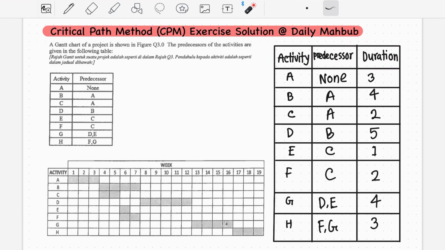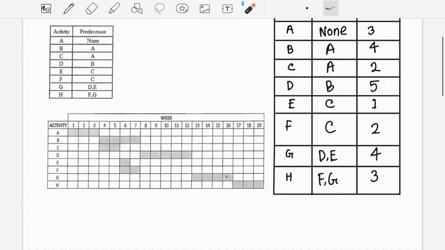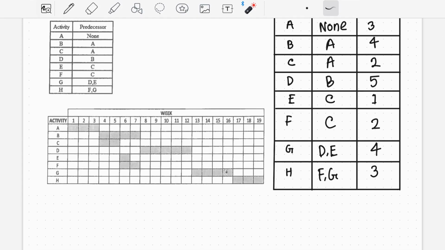Here I will show you how you can do it. First, for drawing the network diagram, you have to understand the predecessor. All right, what does the predecessor mean? The predecessor is something that comes before another object. So here I can see A, B, C, D, E, F, G, and H. For each activity we have a predecessor except A, because A is the starting activity.